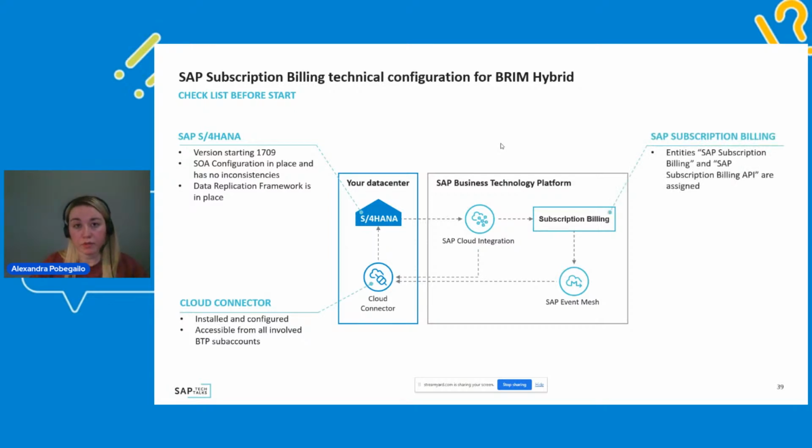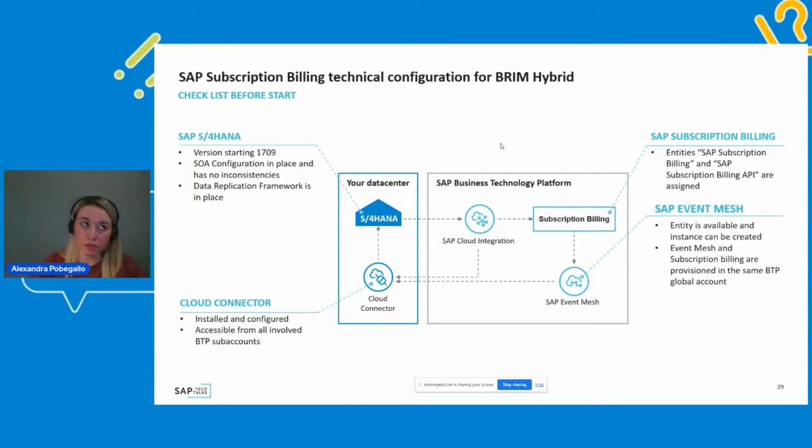Subscription billing: after you purchase it and get the BTP account with subscription billing itself, make sure that the entity subscription billing and the subscription billing API are assigned. Just check, and I believe you don't need anything else. SAP Event Mesh, as I said, is optional. You don't need to have it. You will probably need it for convergent invoicing.